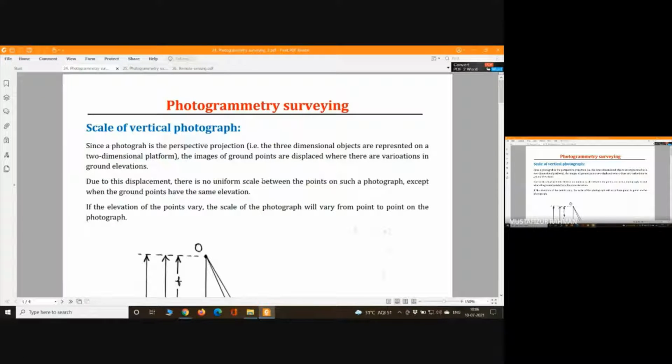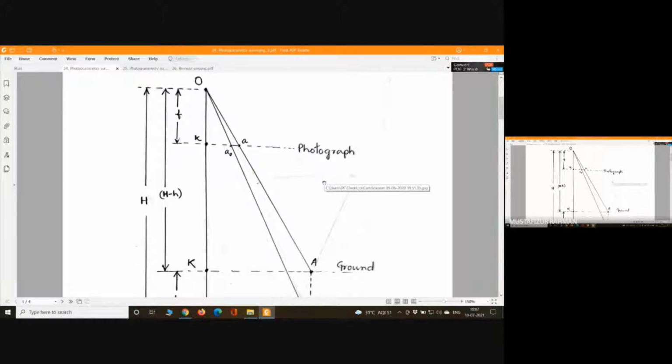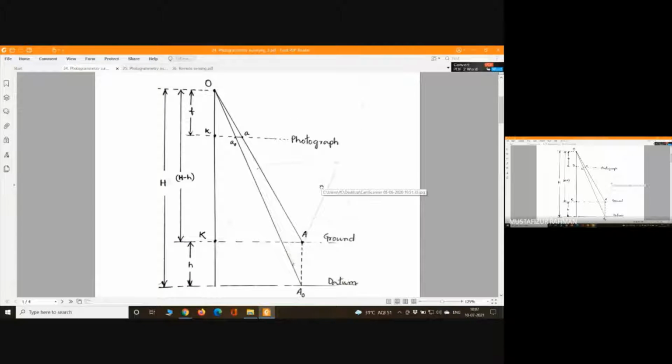Scale, we already know by definition, is the map distance divided by the original distance. So if we have an arrangement like this, we are taking the pictures from the O point. Here at this distance of F, which is the focal length, the photograph is being generated.